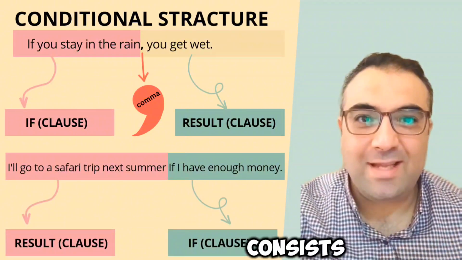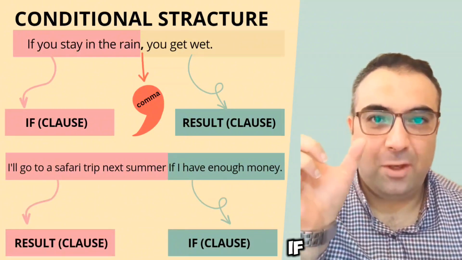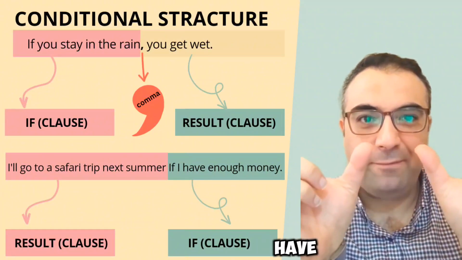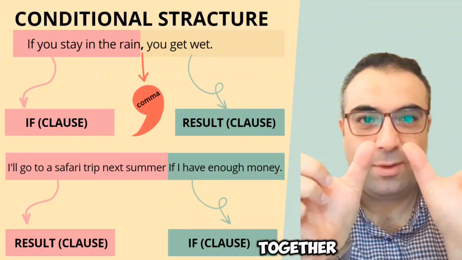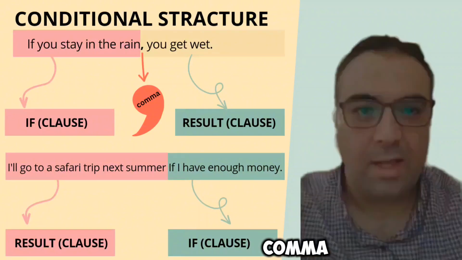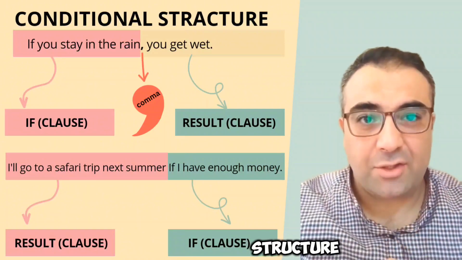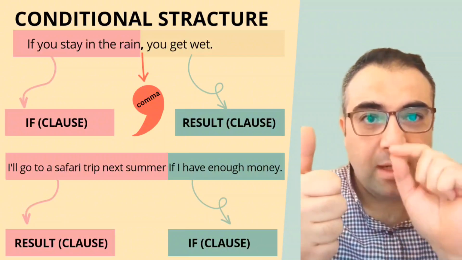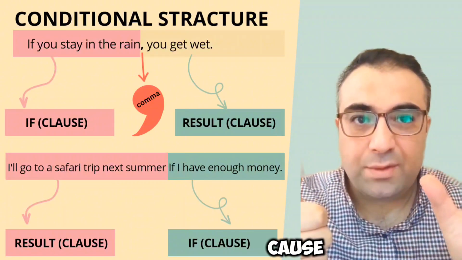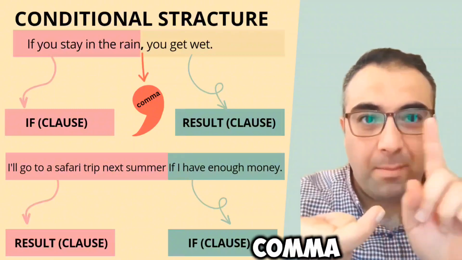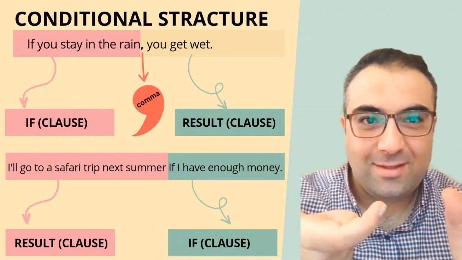Conditional structure consists of if clause and result clause. So we have two clauses together. Between them, comma. So in the conditional structure, we can start with if clause, comma, result clause, or result clause, no comma, if clause.